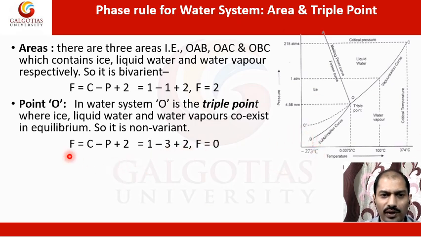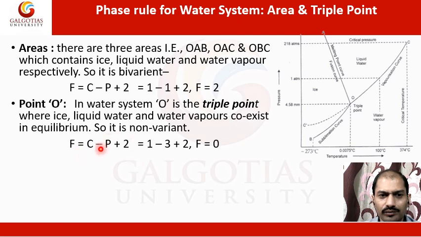We can see from here that there are a total of three phases: liquid, solid and vapor. The point where these three phases coexist is called the triple point. So liquid water, vapor and solid ice are in equilibrium and coexisting. That is called the triple point.